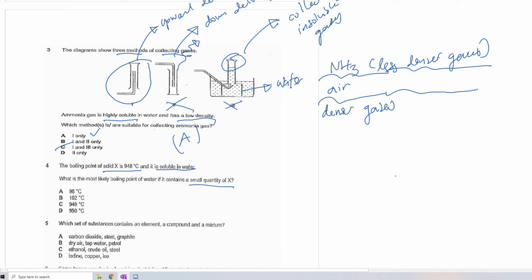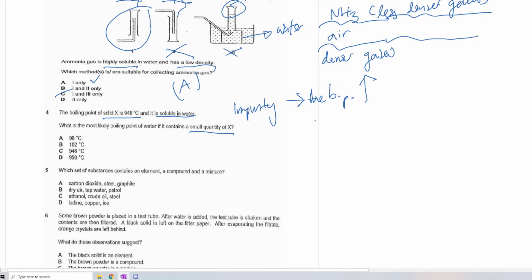Okay, so there is impurity present in water. So when you introduce impurity, alright, the boiling point actually increases. So let's take a look at the reason why this is such a case.